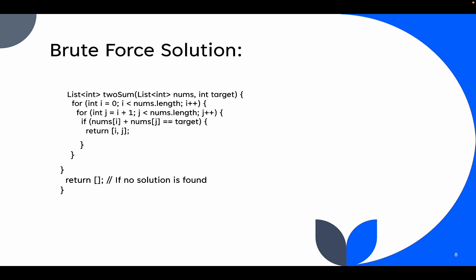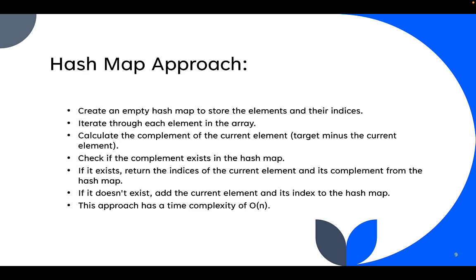Now the other approach, the best one, is the hash map approach. With this, we're going to create an empty hash map to store the elements and their indices. We need to iterate through each element in the array. After that, calculate the complement of the current element. The complement means target minus the current element.